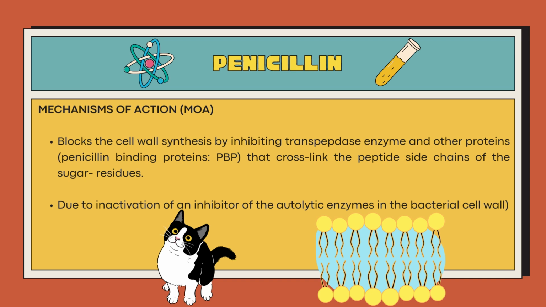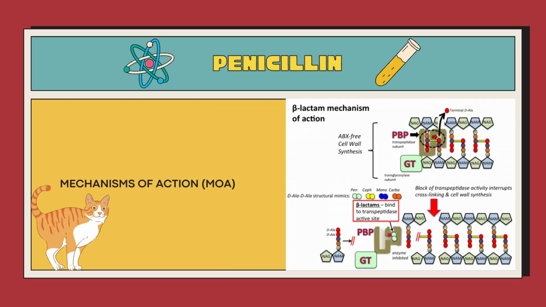Penicillin blocks the cell wall synthesis by inhibiting transpeptidase enzyme and other proteins, penicillin-binding proteins or PBP, that cross-link the peptide chains of the sugar residues. The final bactericidal effect is due to the inactivation of an inhibitor of the autolytic enzyme in the bacterial cell wall.